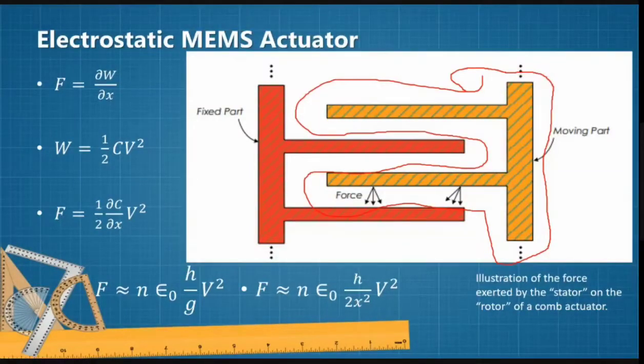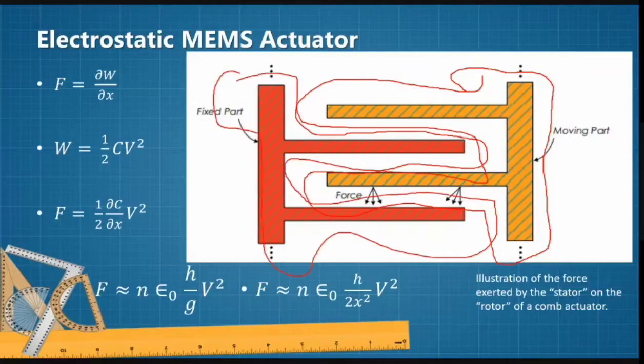The MEMS actuator creates a force between two conductive parts, and it is possible to create electrostatic actuators within an integrated circuit made of silicon. The application of a voltage between two electrodes causes the attraction of opposite charge due to the Coulomb force.